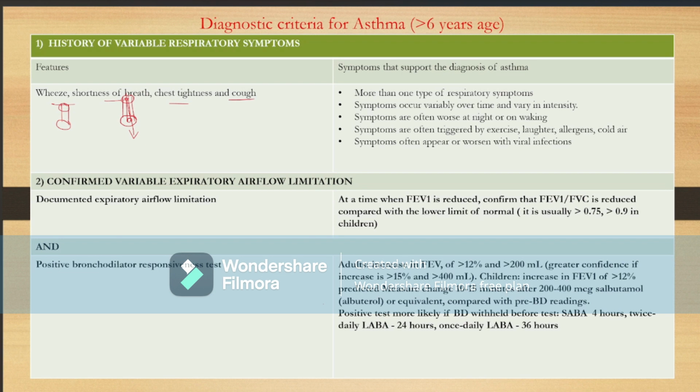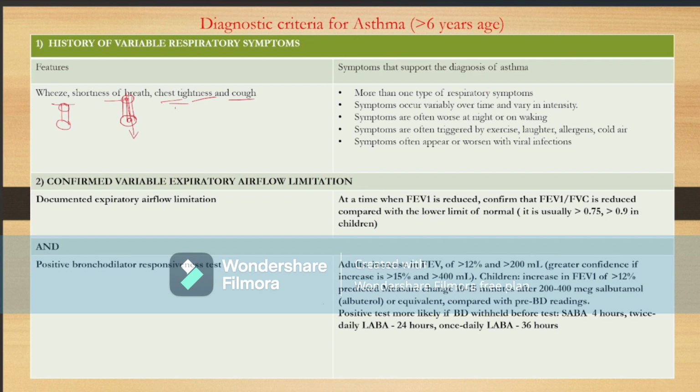That's why there is shortness of breath. And why is there chest tightness? Because of the bronchoconstriction, the workload of the chest is increased, so the patient finds there is chest tightness, and cough happens due to increased mucus secretion.